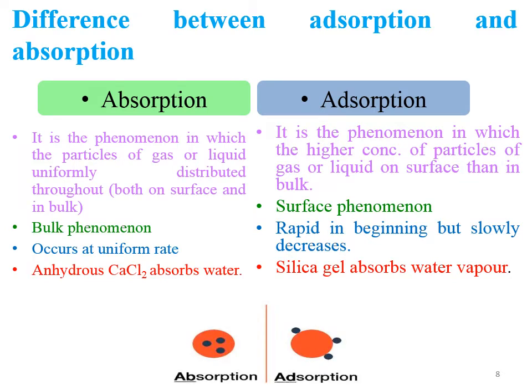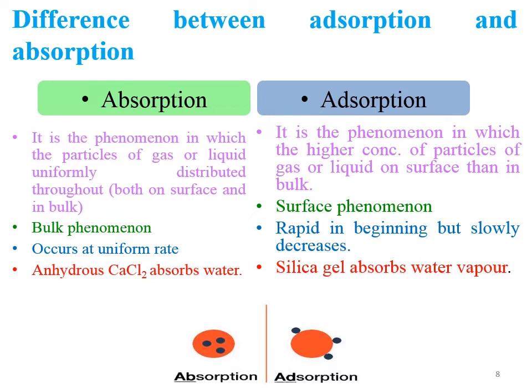Here is a demonstration of adsorption and absorption with the help of a figure. This red color particle is representing the adsorbent, while these black color particles are representing the adsorbate.